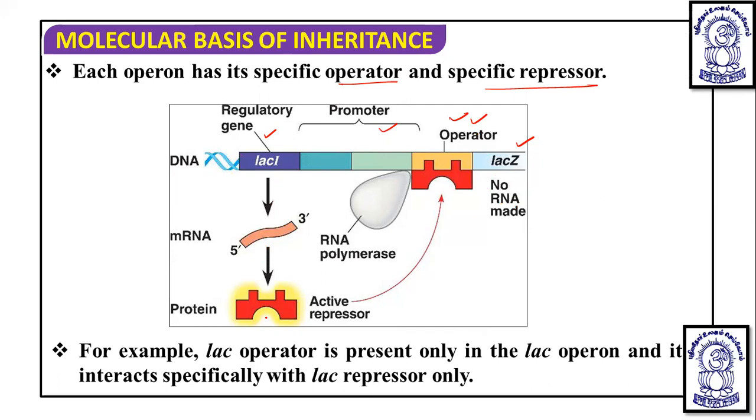The product of the regulatory gene is going to interact with the operator region. And this is the promoter region where RNA polymerase is going to bind. So this is the operator, and the specific repressor is the product of this regulatory gene.